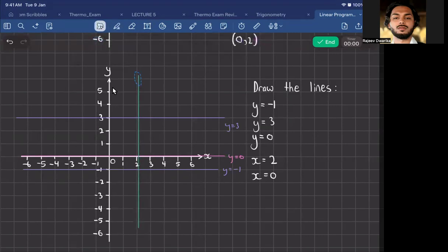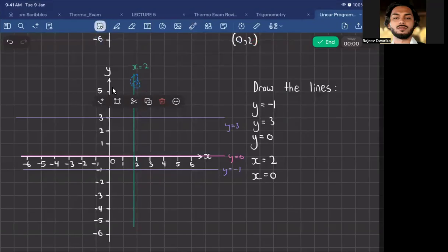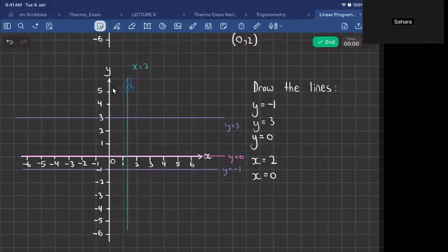And the last one. Vertical. And it would be on top of what axis? The x-axis. No. The y. Yes. Because Sahara, check this, right? If this is x is equal to 2, you agree? Because it's passing through 2 on the x-axis, right? What would that be? x equal to 1.